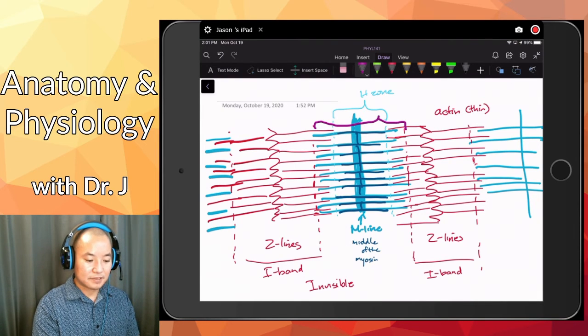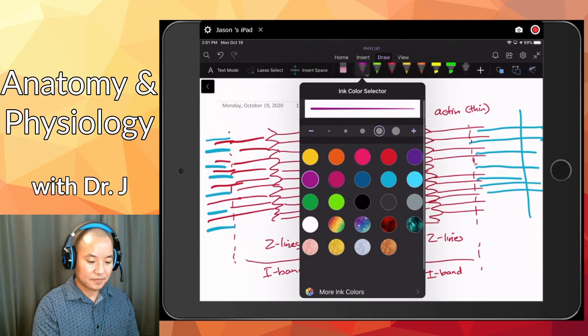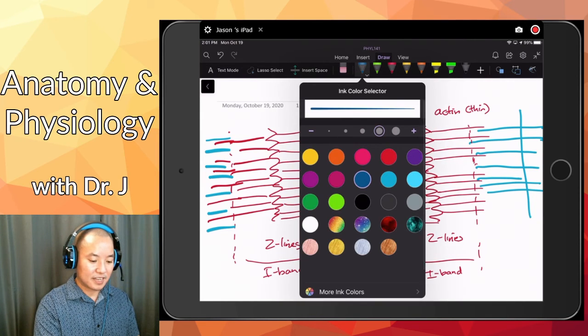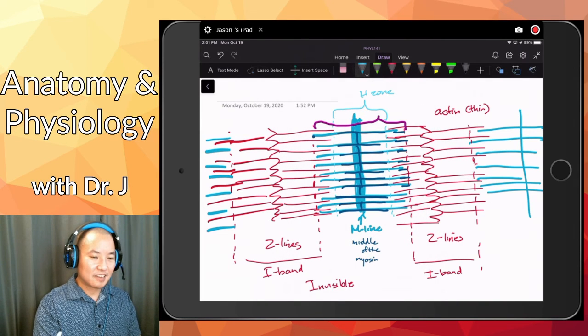This is the absolute extent of the thick filaments. Notice that the thick filaments extend here, but now you're including some of the actin as well. But this is the border, or the outer limits of the myosin. So what I'm showing here.